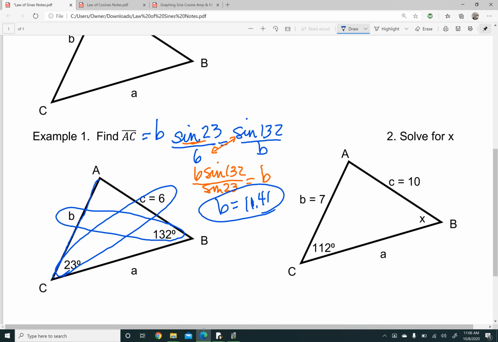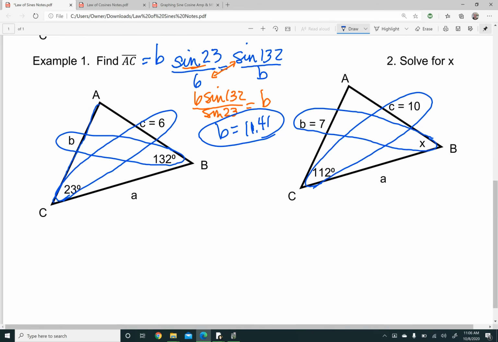So here we have this angle and this side that are opposite each other. So we would do the sine of 112 over 10 equals the sine of, we don't know this angle, we could put X, we could put B, over 7.